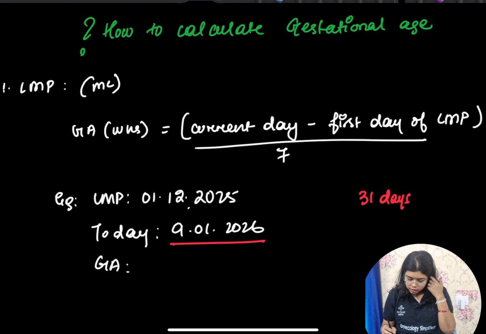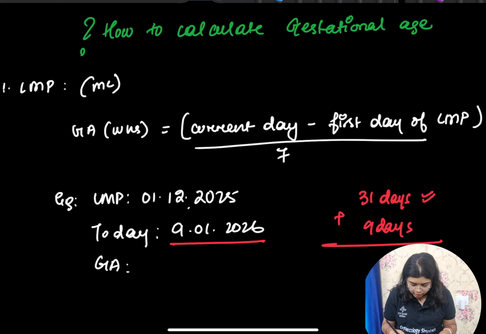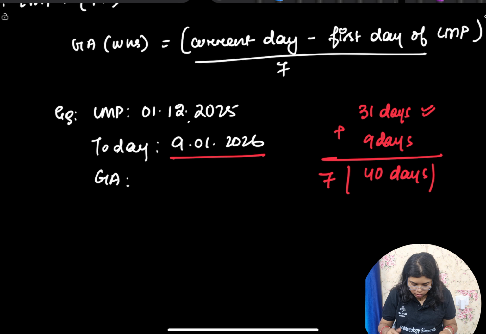December we have taken 31 days, and then January till today we will take 9 days. So we will add this. What is this? 40 days. We will divide by 7. So what is the gestational age? That is 5 weeks, 5 days.